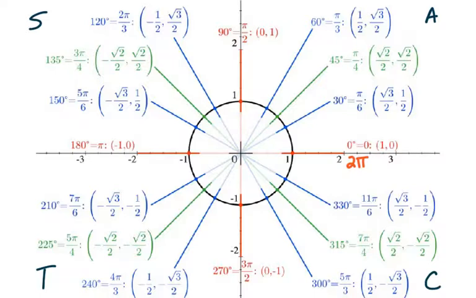So I encourage you to know this unit circle like the back of your hand, or at the very least, think about your right triangle trig and create that right triangle. I personally think it's easier to just know what we're looking at here and how to get it.